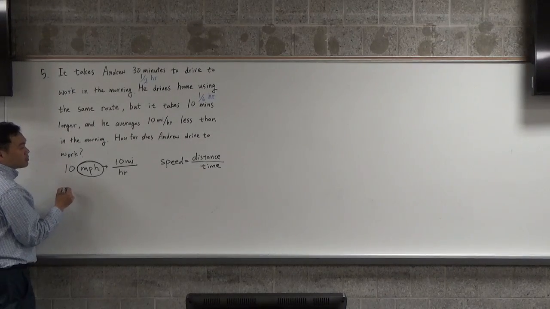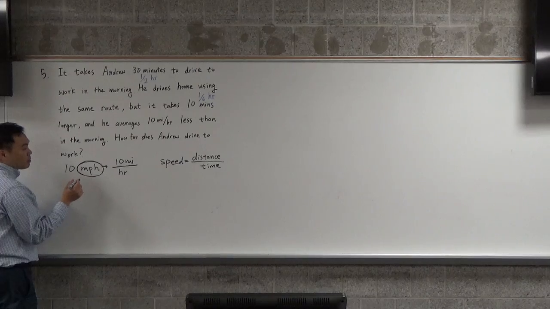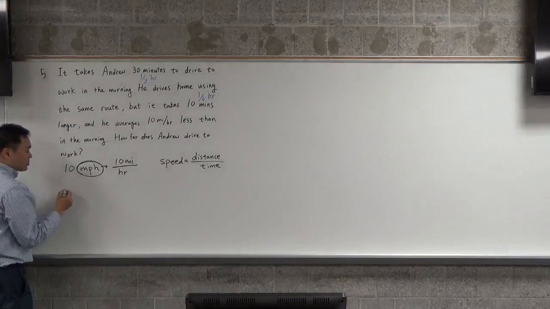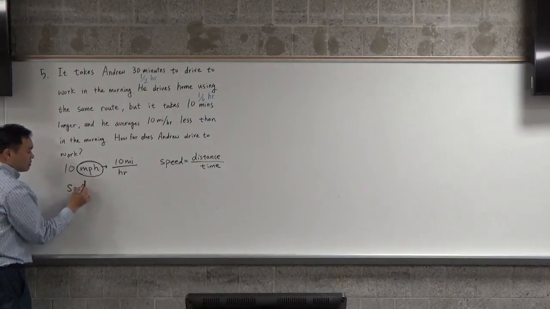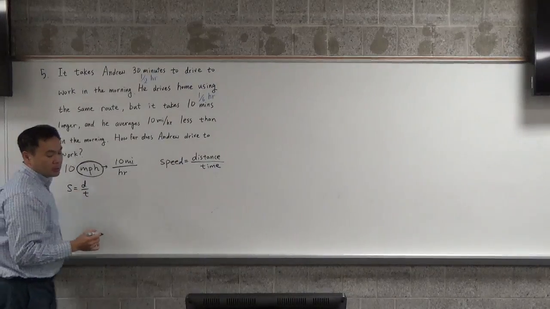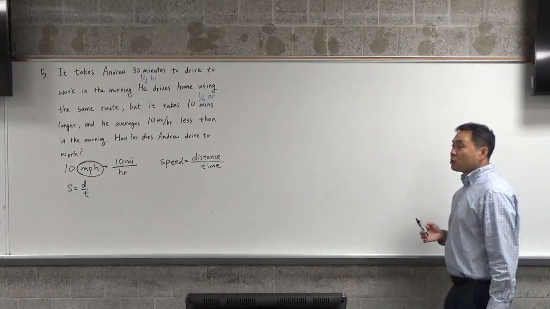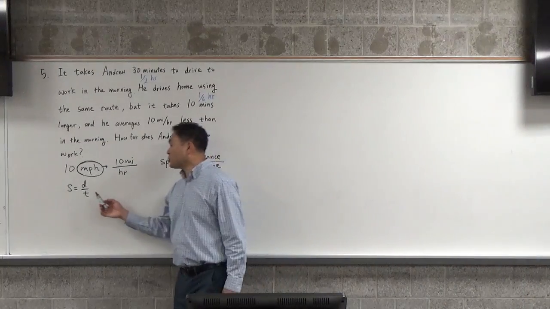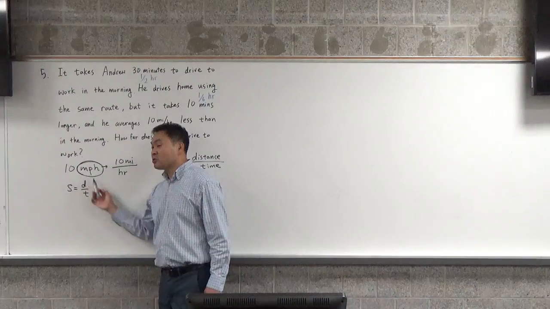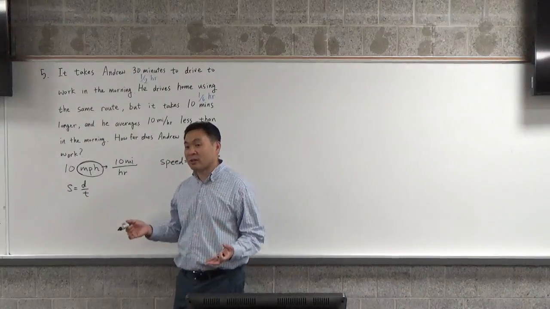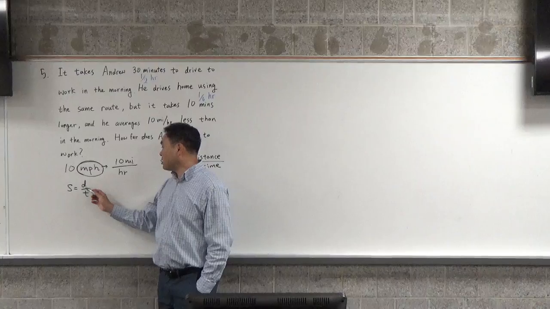Now, let's think about the following. First, I'm going to rewrite this as S equals D over T, because that's easier. However, when you solve these questions, often it's better to have this equation solved for D and also for T. So let's solve for D. How do you solve for D?